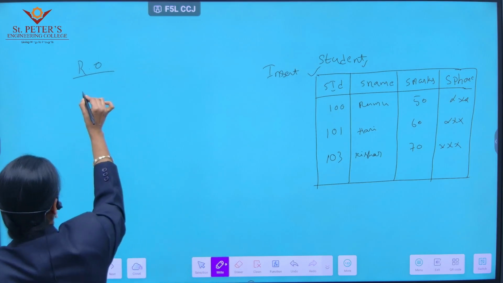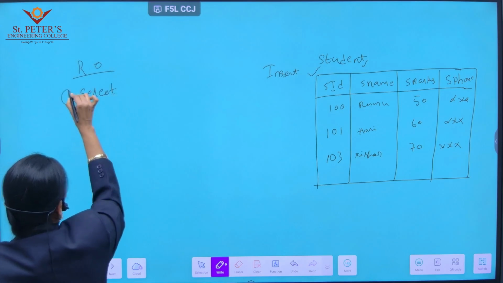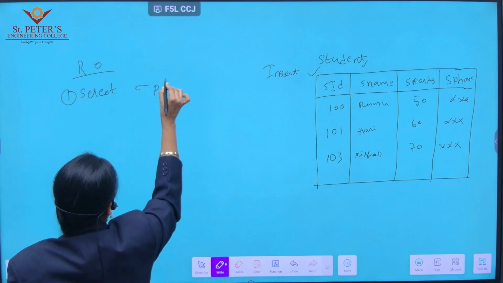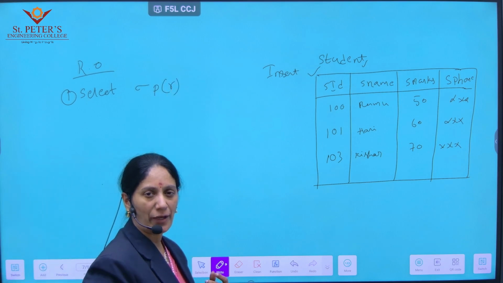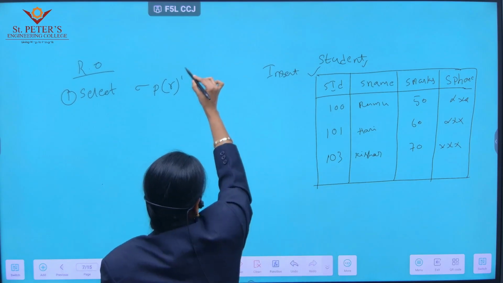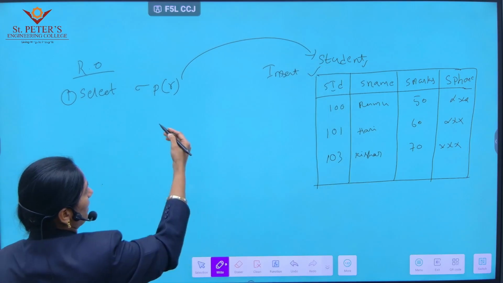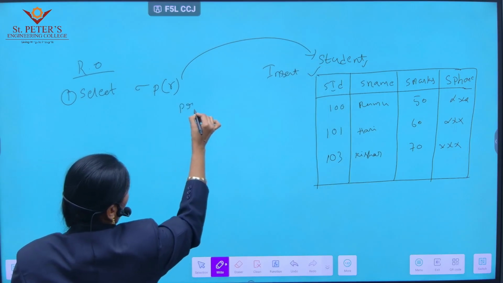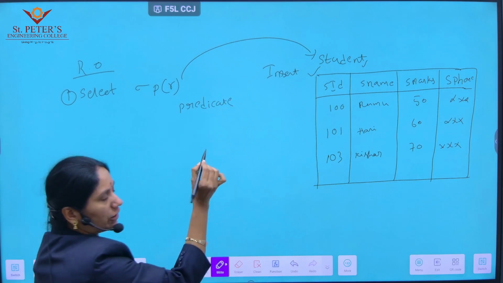Select: sigma p of r. Sigma stands for select, p stands for predicate, and r stands for relation, which here is the student relation. P stands for predicate operations.